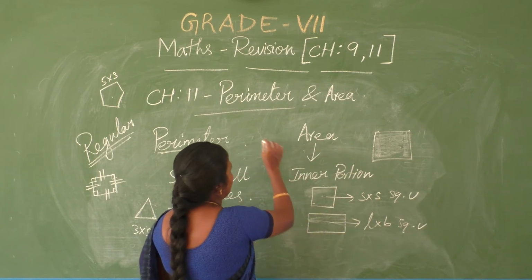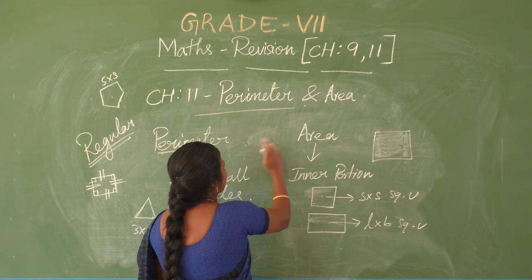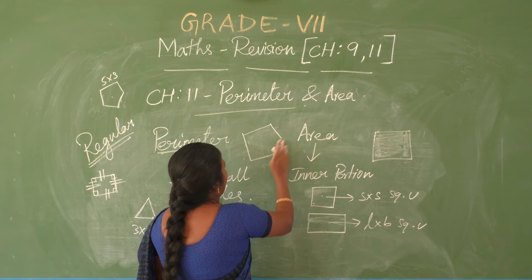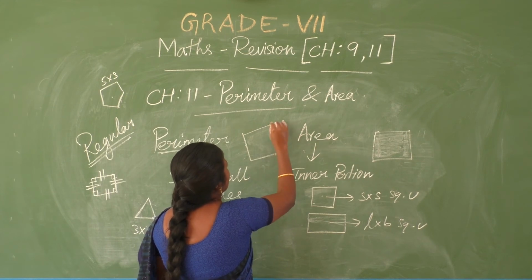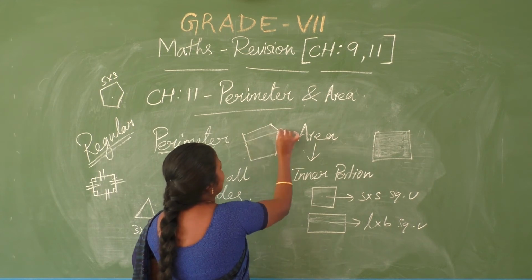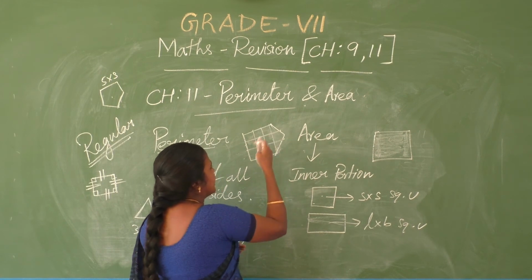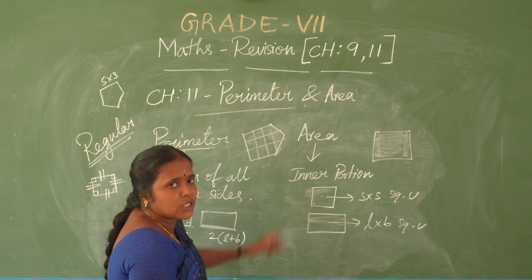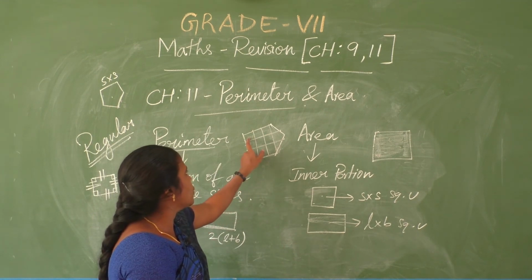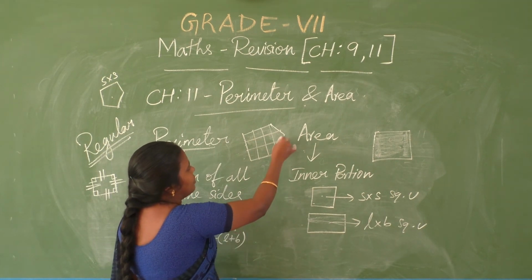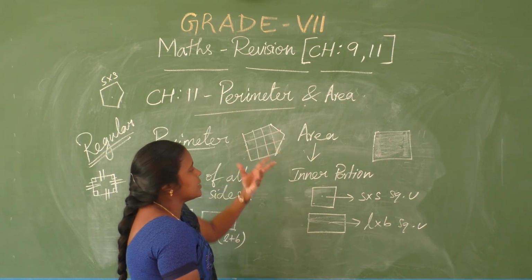Not like this. Some irregular figures are given. To find how many units are inside, you cut them into equal squares and count them: 1, 2, 3, 4, 5, 6, 7, 8 like that. Less than half a square you can omit, more than half you can consider as one full square.